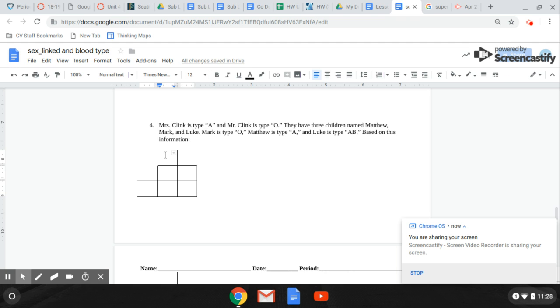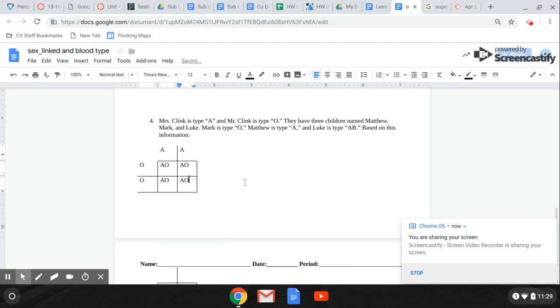Miss Klink can be AA, and Mr. Klink is O all the way around, and then all their kids can be AO. I fill in that Punnett square and see that my only possibility is AO, which means all the kids would have type A blood.